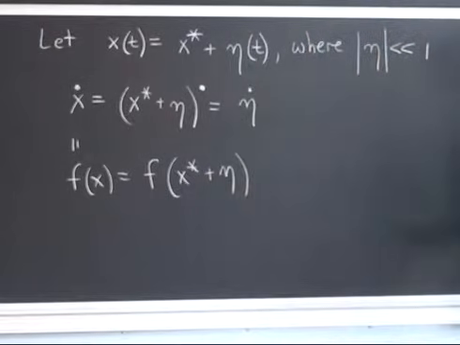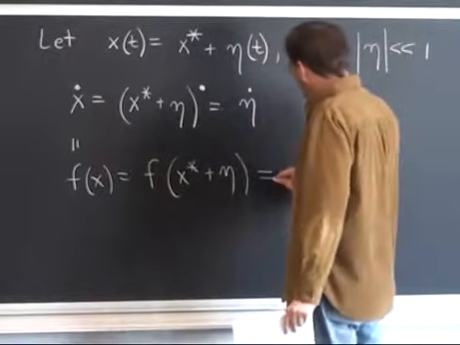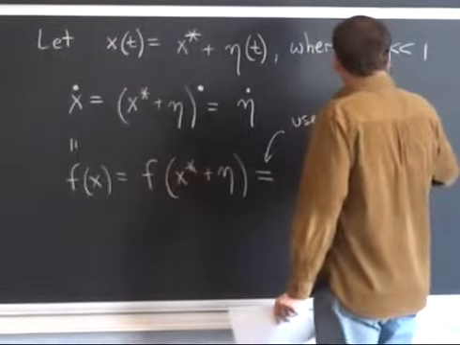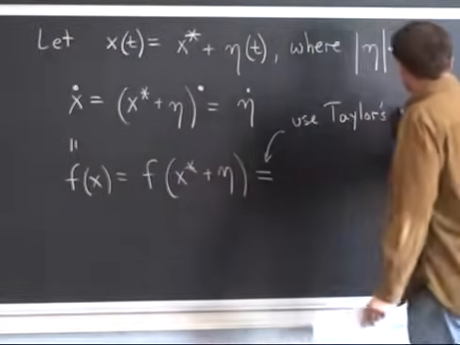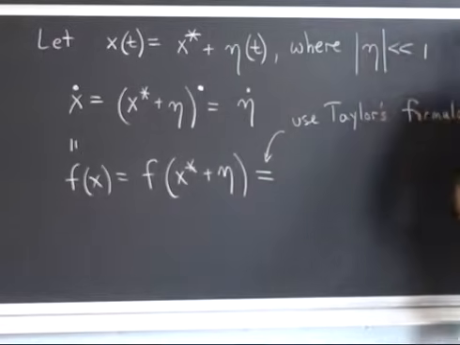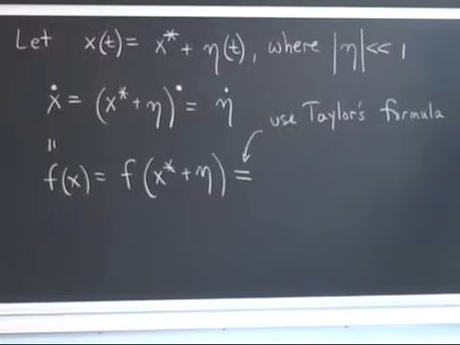So here's where we invoke the idea of linearizing by saying let's use Taylor's formula here. That is, I'm just going to assume that this function f is smooth enough that I can write down the Taylor series approximation to it in the neighborhood of x star.